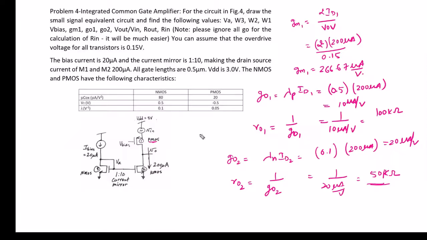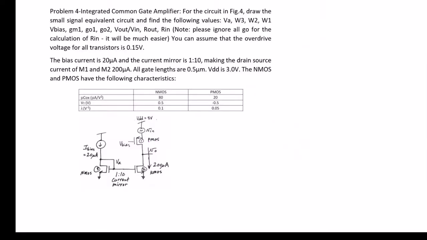So now next we need to find out Vout by Vin. To find out Vout by Vin, we need to perform AC analysis, and we have to draw the small signal equivalent circuit of the given amplifier.